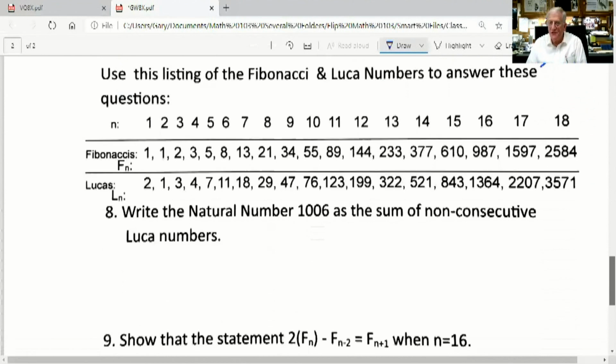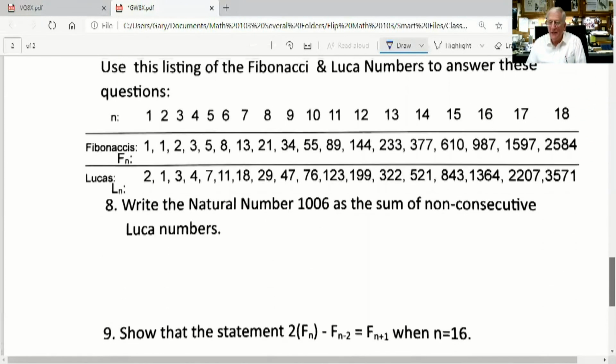You're supposed to use these tables to do the next set of questions, okay? So we have the Lucas numbers listed here and the Fibonacci numbers. You are to write the Lucas number 1006 as the sum of non-consecutive Lucas numbers. Okay, or rather, being a natural number, 1006 is a sum of non-consecutive Lucas numbers.